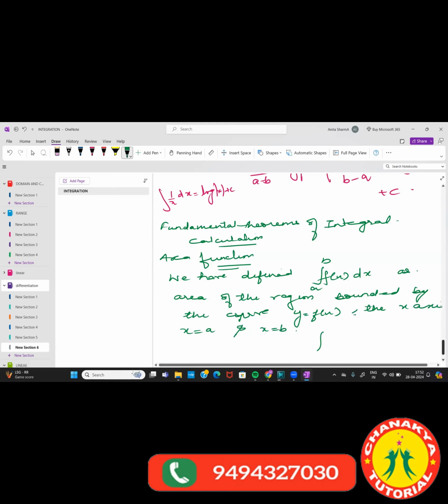So basically, this is the integral from a to b of f(x) dx.